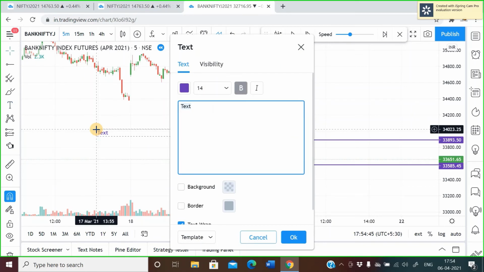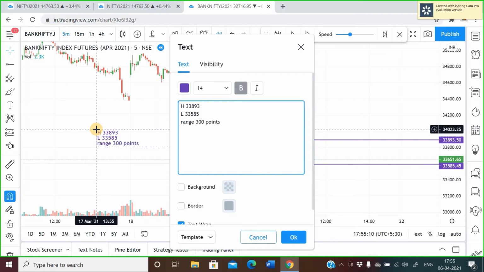High is 33,893. Low is 33,585. Roughly a range of about 300 points. Let's put it as 300 points.